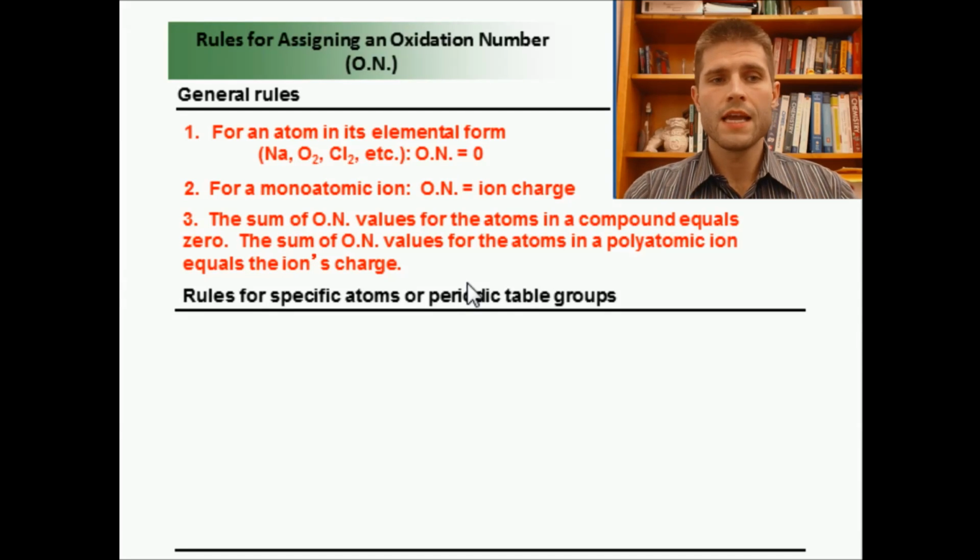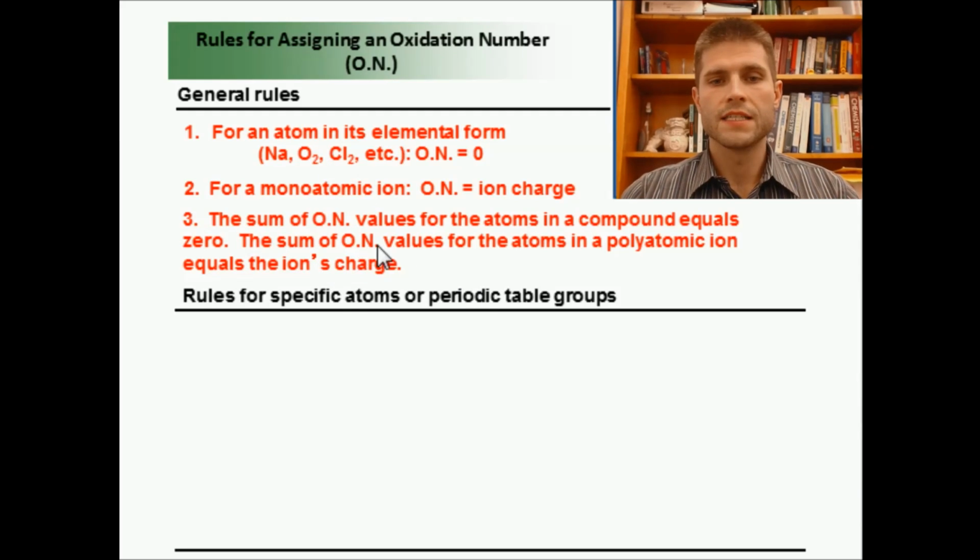So if we're looking at sodium chloride, we know the formula is NaCl. The sodium is in its ionic form. It has an Na+1. And the Cl is in its ionic form, Cl-1. So the oxidation number for sodium ion in that case would be a +1. The oxidation number for chlorine in that case would be a -1. They sum together to give you 0.